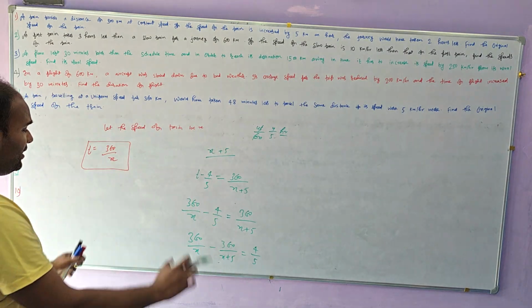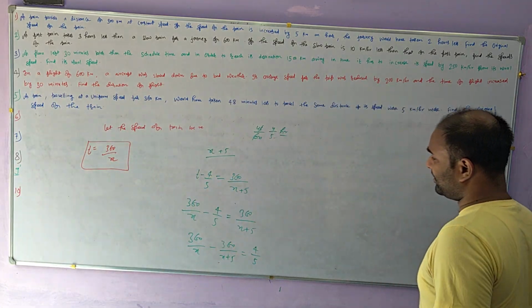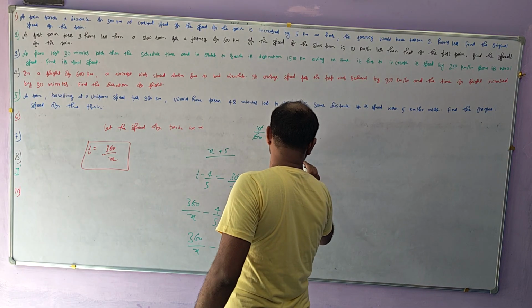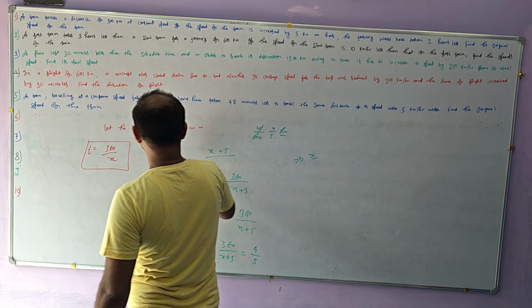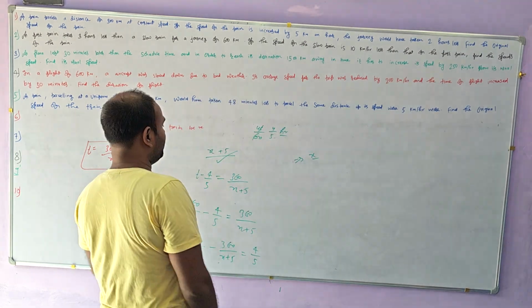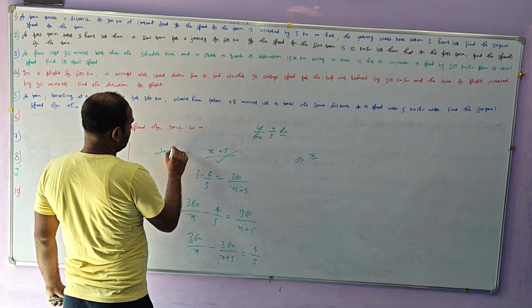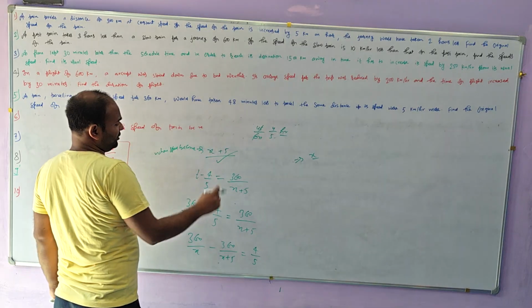Now we easily solve this using LCM and multiplication. We get a value of x, and that is our speed. And then we have another speed, that is x plus 5.